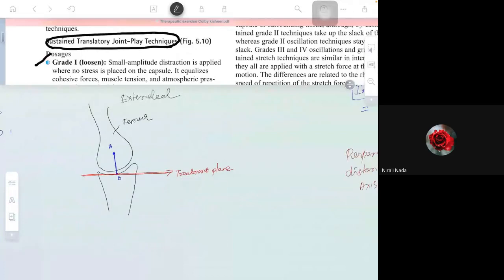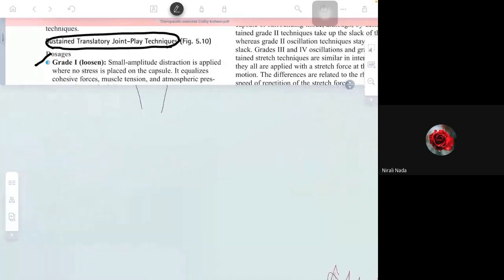Imagine now the knee is flexed, partially flexed. Clear? So now how will we draw the treatment plane?